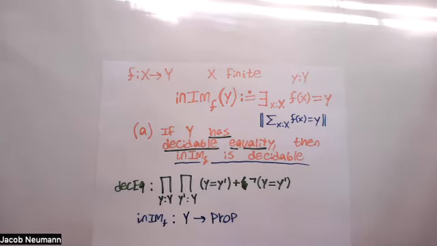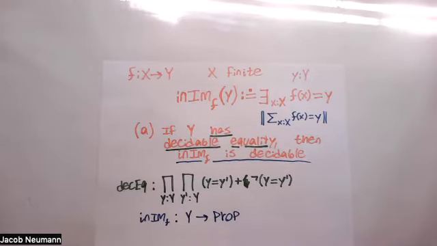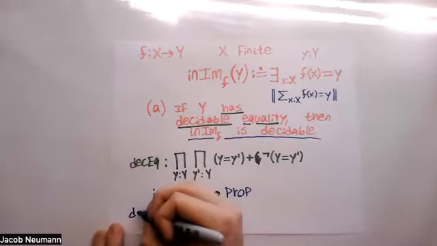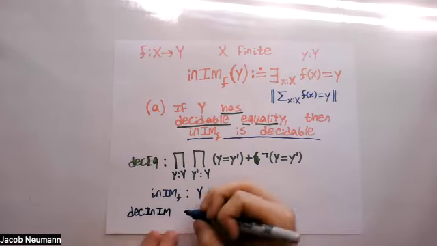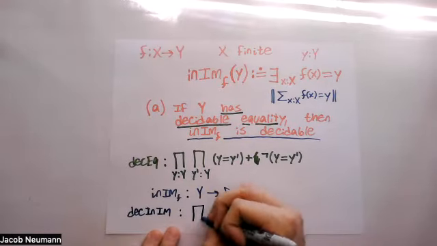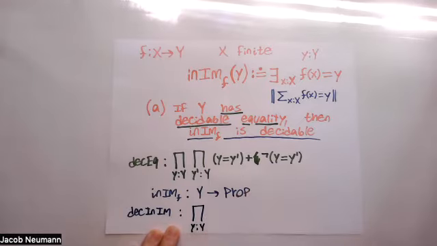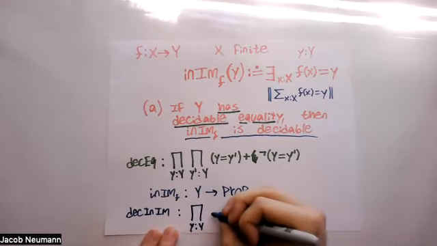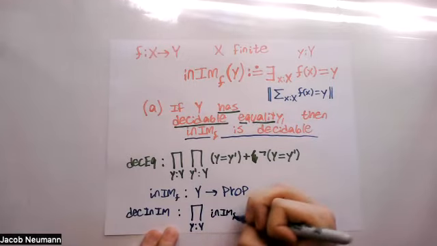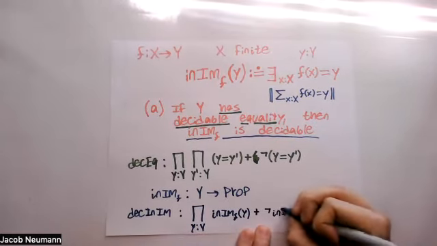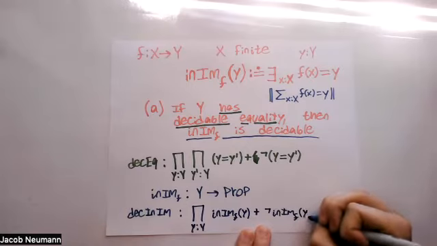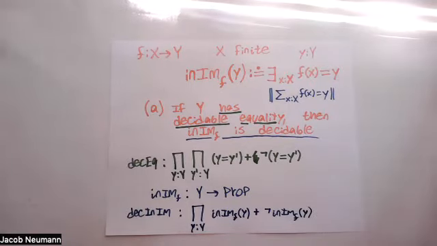What it means for such a predicate to be decidable, and I don't know if I'll actually need these names, is that for any y in Y, we have either y in the image of f or y not in the image of f.